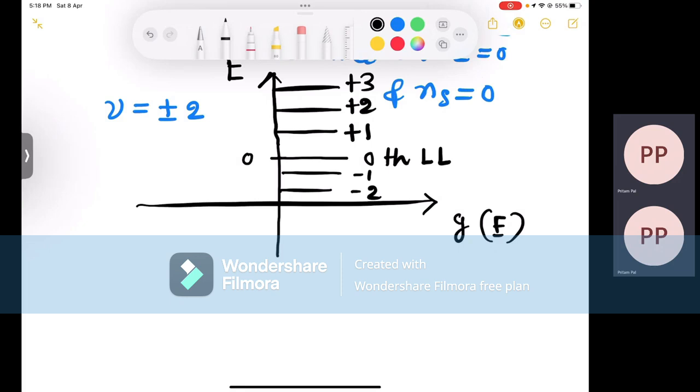But when you draw them on the carrier density scale, using this n_s, the zeroth Landau level would actually be separated by this ±2, as I already mentioned.